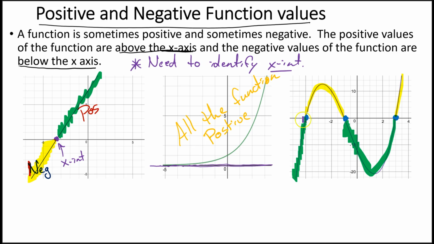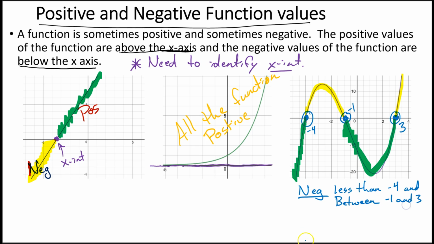So on this last one, let's see, my x-intercept looks to be -4 here. Here it looks to be -1, and here it looks to be +3. And so I would say that we are negative on this function when we are less than -4, and between -1 and 3.